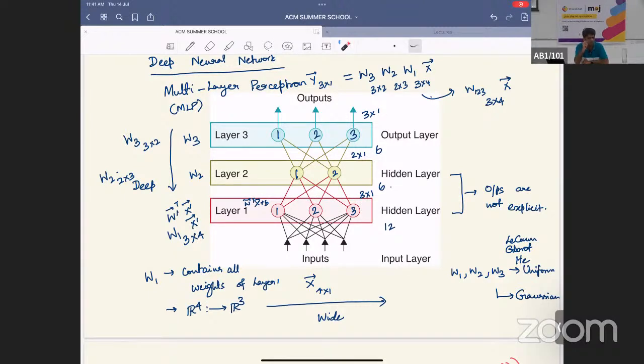Always the dimension of the weight matrix is going to be the number of neurons in this layer times the number of inputs. Okay, everyone understood this?